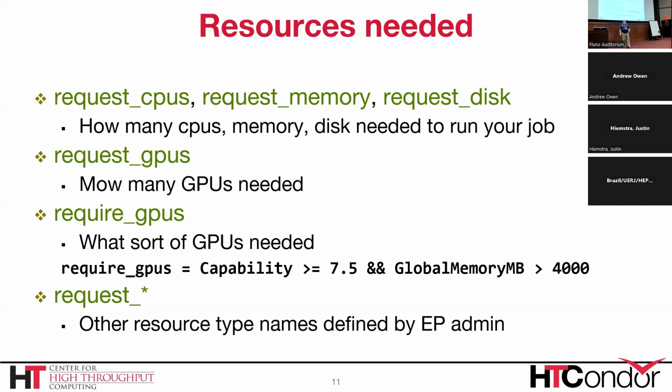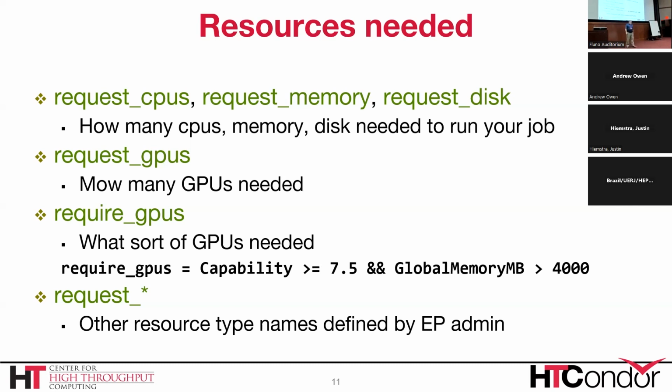And so we have these resource request things, and this is a pattern-based thing. There's request memory, request CPUs, request disk, and request GPUs. But you can also do request bandwidth, for instance. If the administrator of the execution point has defined bandwidth as a custom resource, then that will only match execution points that have custom resource bandwidth and have a sufficient quantity to match your job.